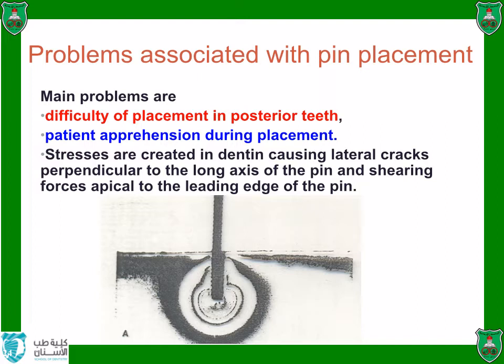And also the stresses that we spoke about are created in dentin, causing lateral cracks perpendicular to the long axis of the pin and shearing forces apical to the leading edge of the pin. So those stresses are dangerous to the dentin and might affect the pulp health afterward.